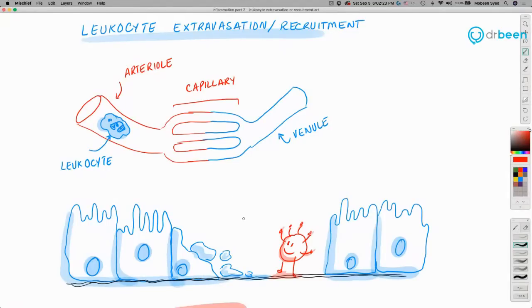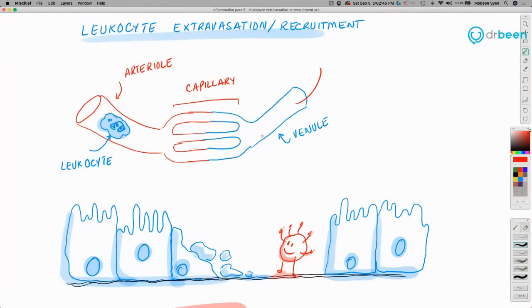For today's action, what is important is that this leukocyte here is going to come out from the venule. So the venular end is the other end of the blood vessel through which eventually the blood would go back to the heart. So these vessels are called veins. So we're talking about the venular end.